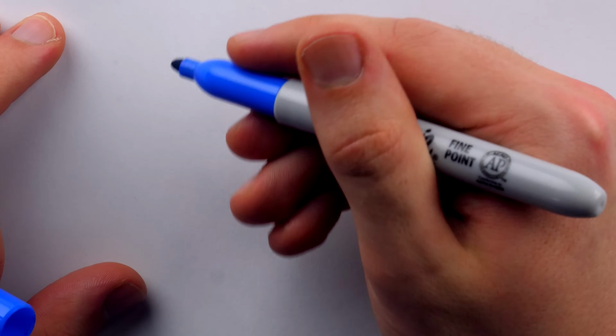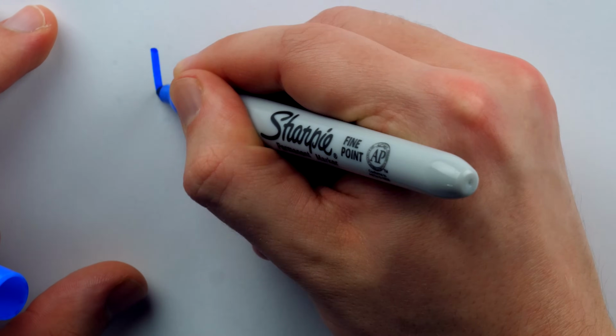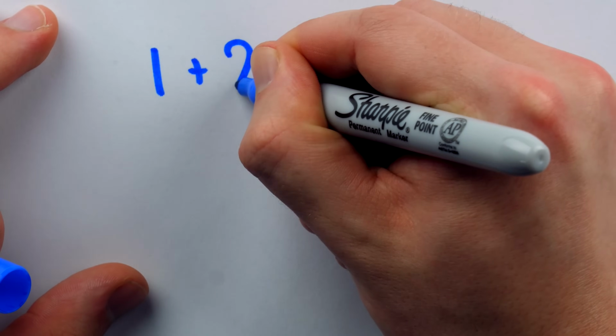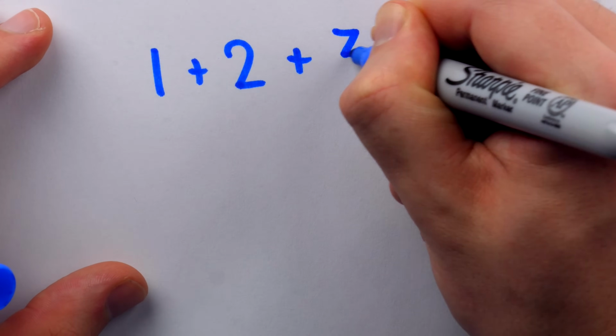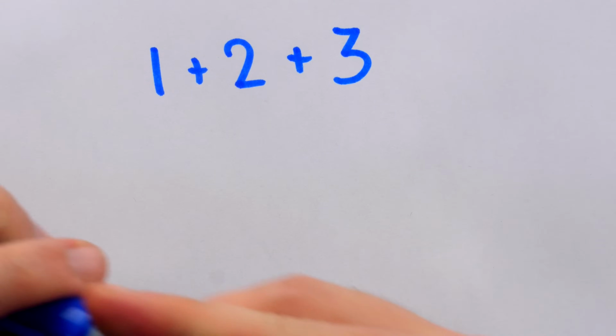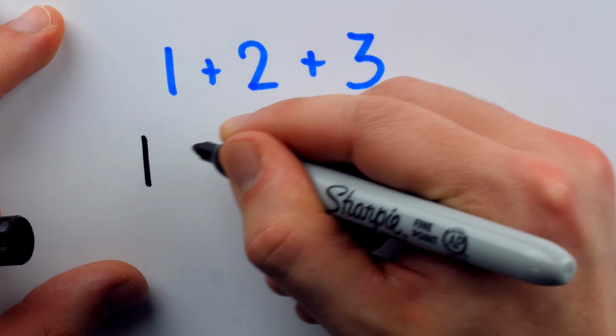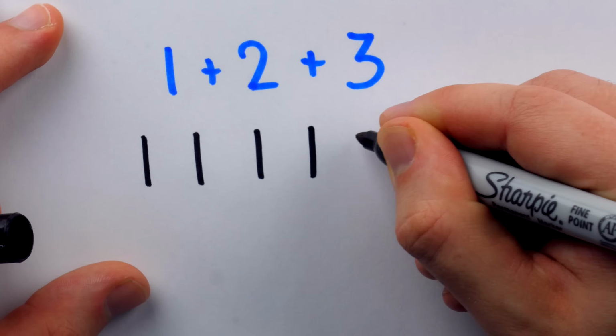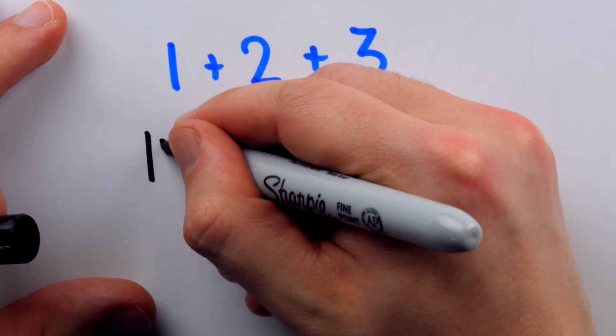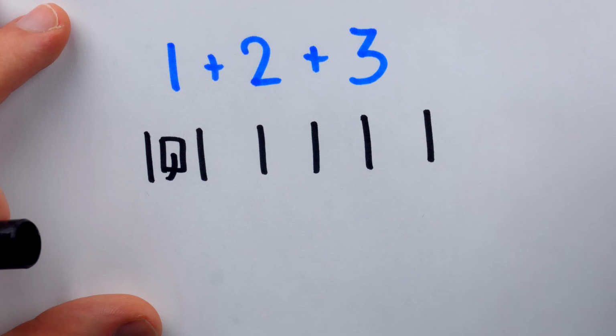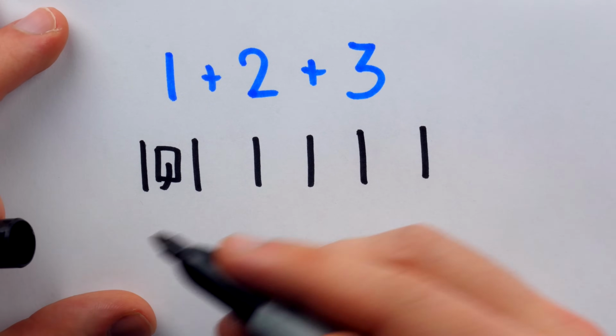For a more concrete example, consider the number 6. Certainly, one strong composition of the number 6 is 1 plus 2 plus 3, and we can easily represent this in the graphical manner that we just discussed. We would have 6 ones, 1, 2, 3, 4, 5, 6, and then we would have a comma after the first one, because the first part is just 1.